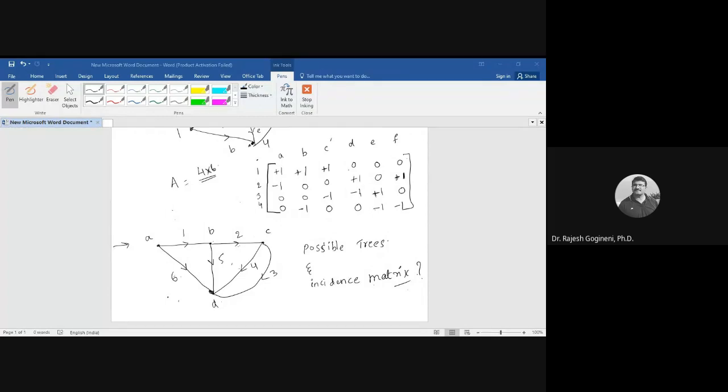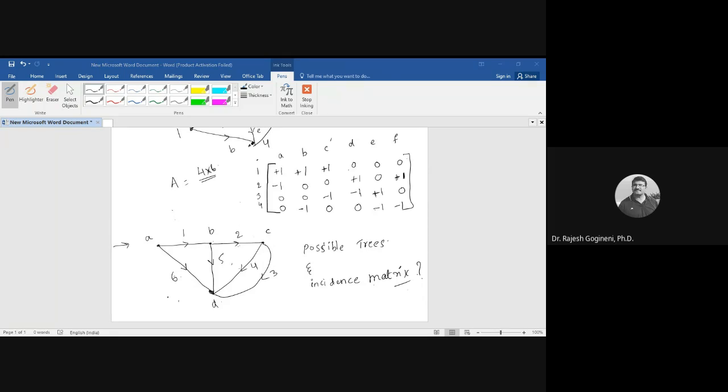Sai Kiran gave the definition: a subgraph with no closed loops, that means only open loops are there. So write all the possible trees, as many as are possible, and the incidence matrix for this one, right?